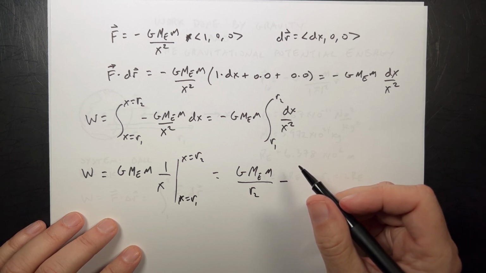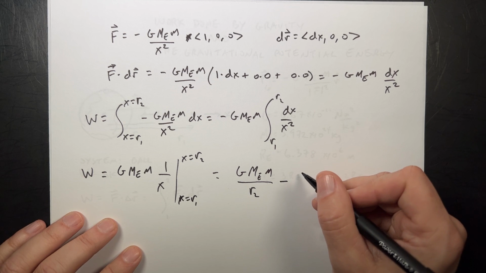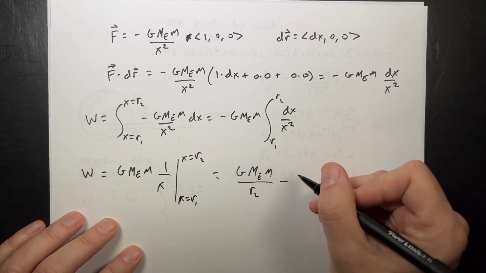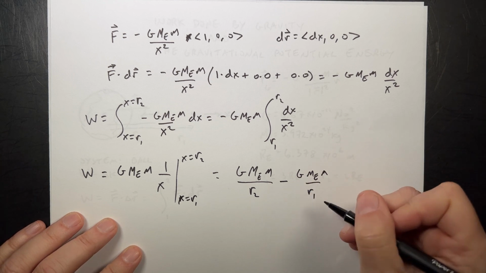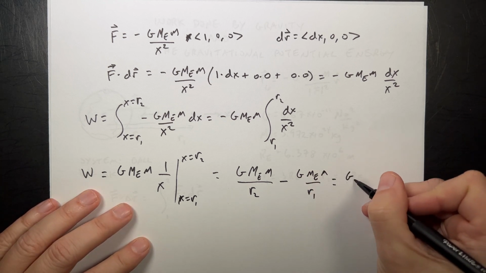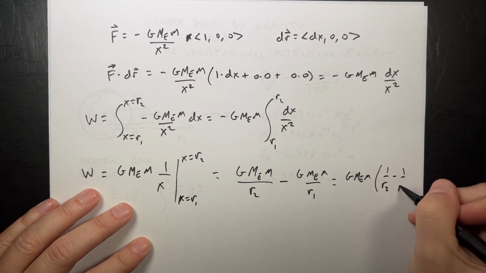I feel like I did something wrong. Oh yeah, R1. Okay, I got it. G M_E m over R1. Or we can just write this as G M_E m times 1 over R2 minus 1 over R1.